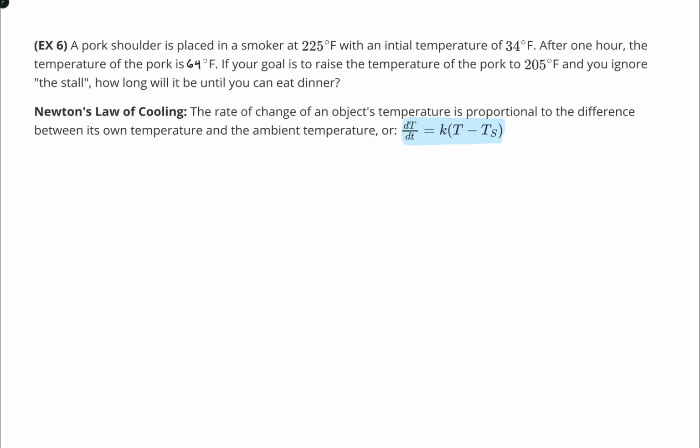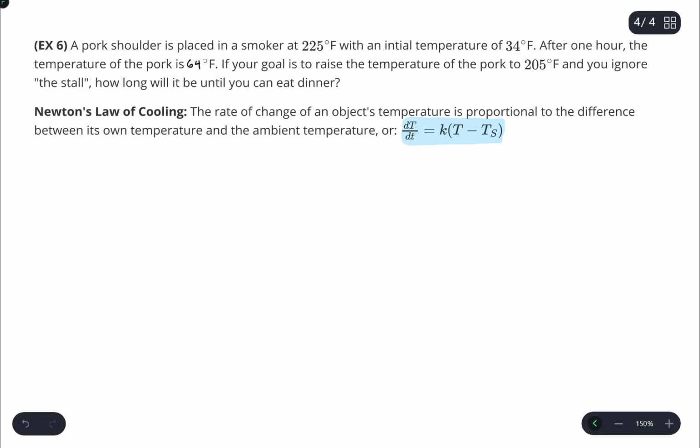And so with something like that, our standard growth model wouldn't be able to handle that because the way the temperature grows would be much different than what actually happens in reality. But we're just going to completely ignore the stall so we don't have to consider it. And let's get started and see what we can do here.